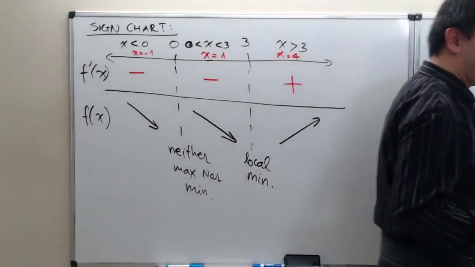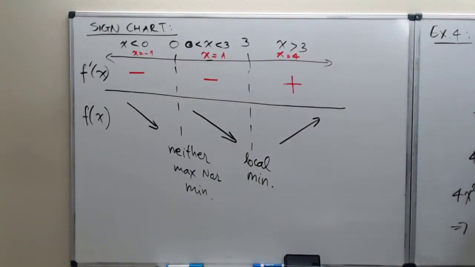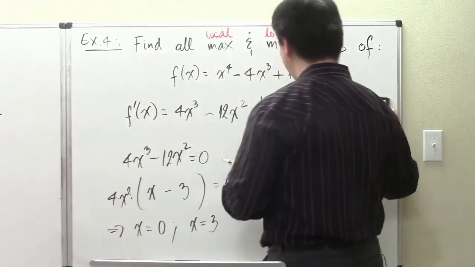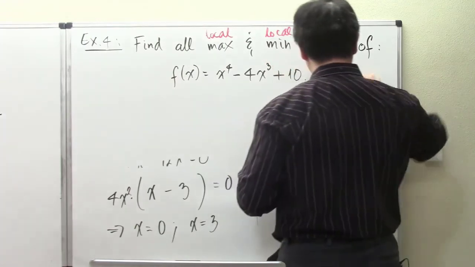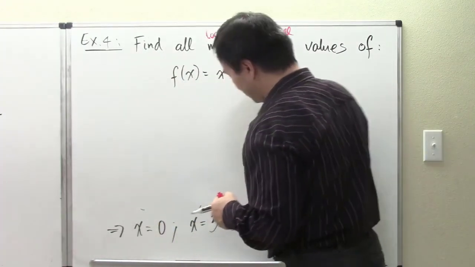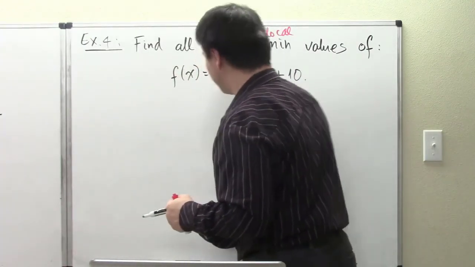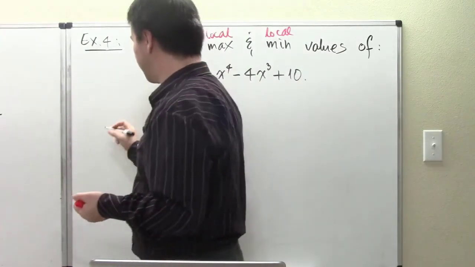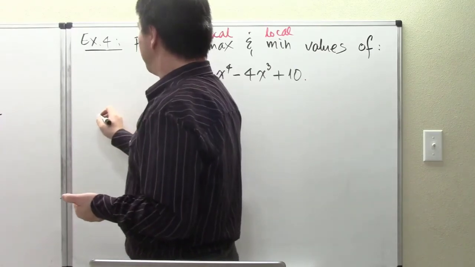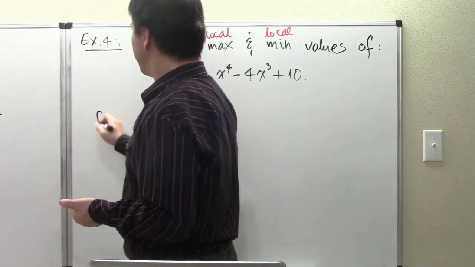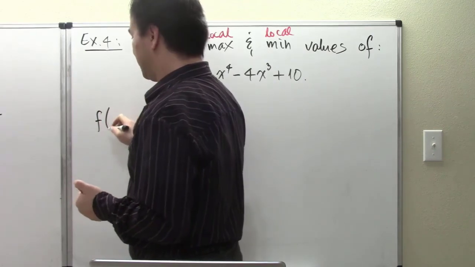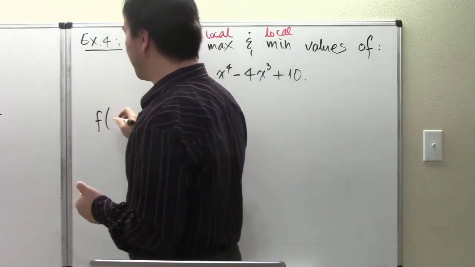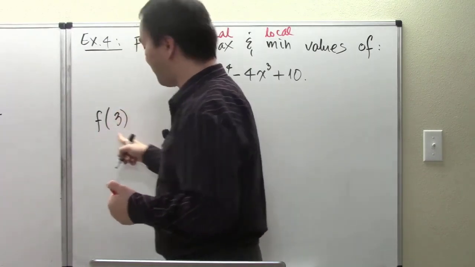Now let's get back to our other board, and then we're going to make our final conclusion. So I'm going to substitute my critical value, x equals 3, into the actual function.